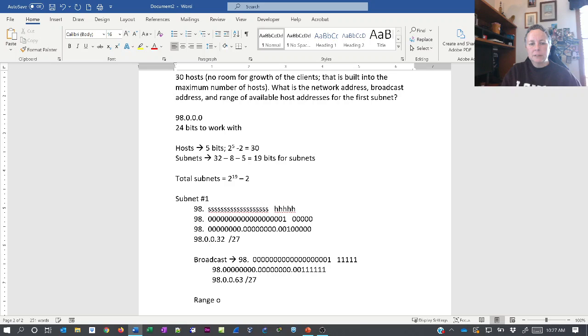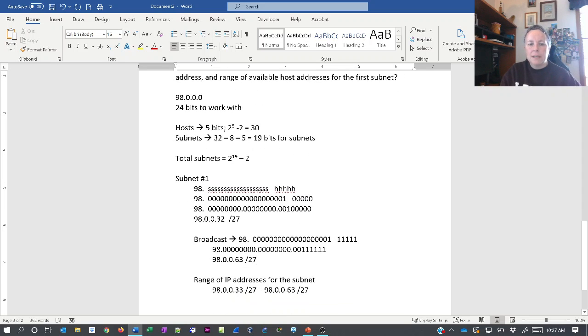And then my range of IP addresses for devices on the subnet is my network address, the next one, and one less than the broadcast address. So I can use 98.0.0.33 through 98.0.0.62/27. And that's my usable range.